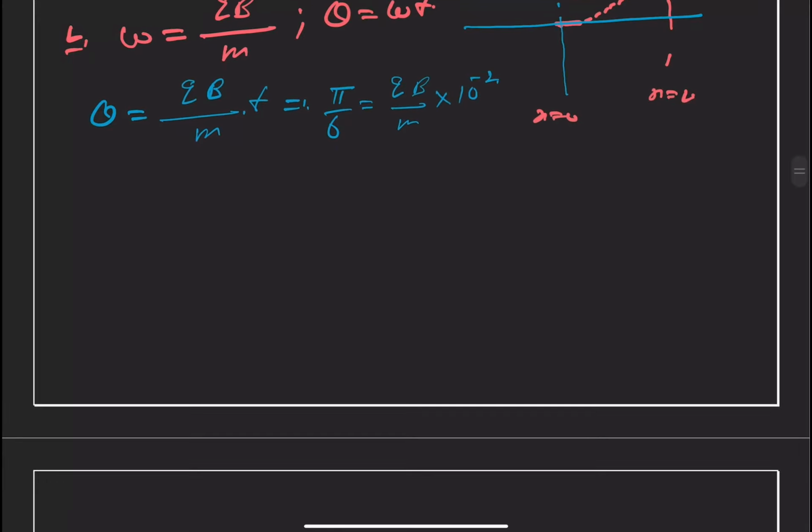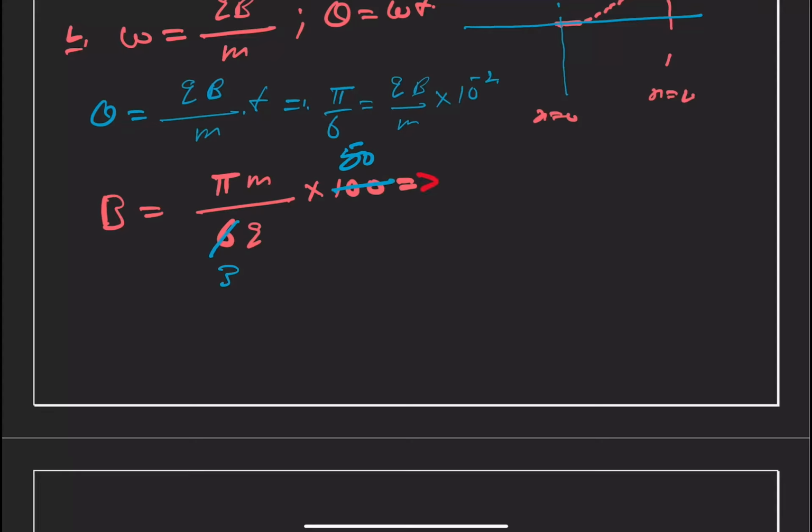So this gives us that our magnetic field B will be equal to pi m divided by 6q multiplied by 10, or we can say 100. Therefore we can further write it as, this goes by 3 and here goes by 50.